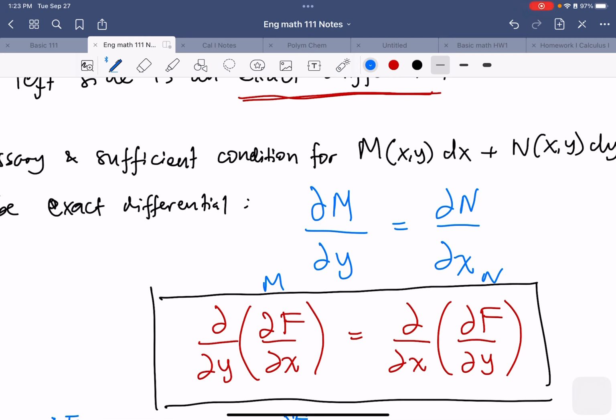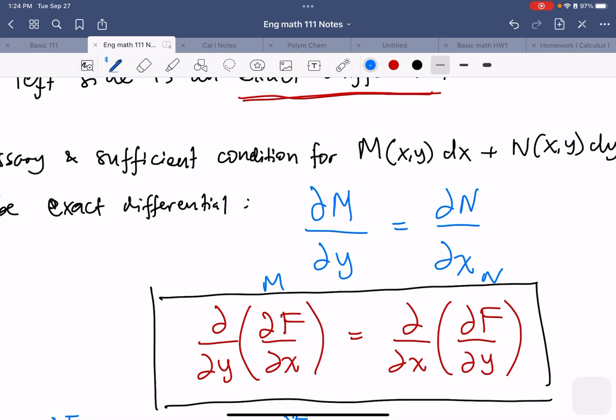But now our objective is, from that result, to reverse and go back to the original equation before it was derived. That is actually what this exact equation method will do.